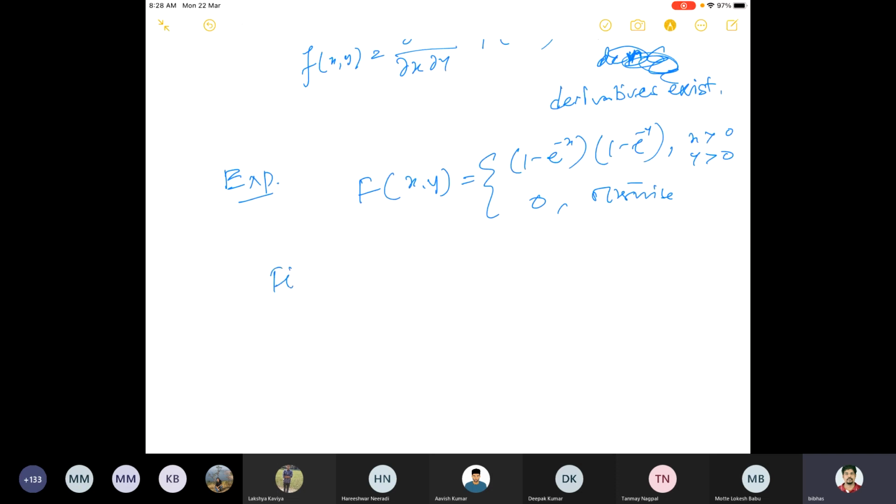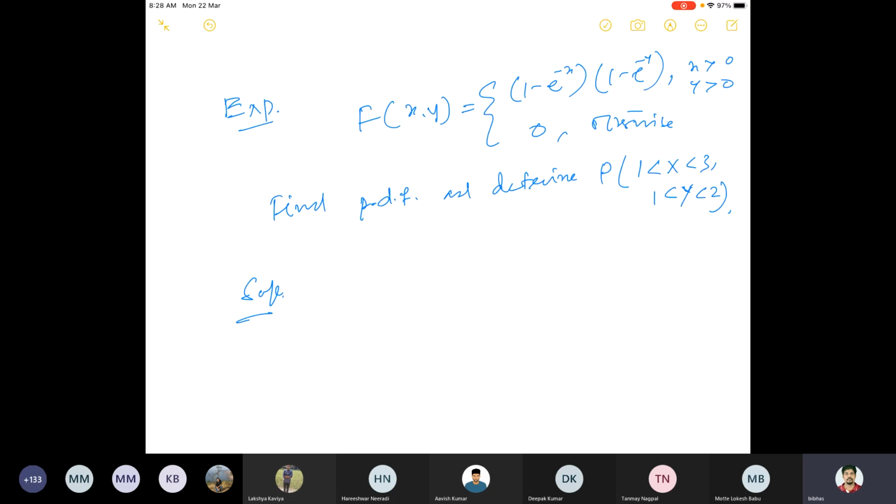The question is: find the probability density function, and determine the probability of 1 less than x less than 3, 1 less than y less than 2. You just have to take the partial derivatives, that is, del 2 by del x del y of F(x, y). Now there is another question.